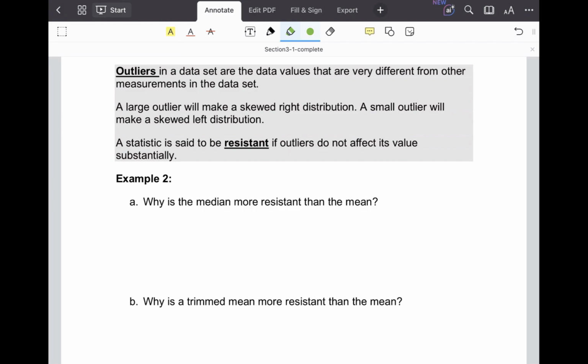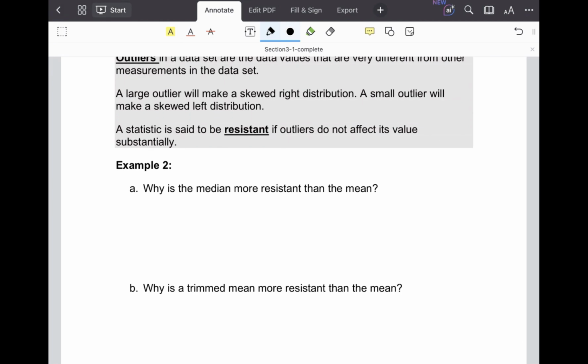To be even more specific, if you're looking for the center and you have a skewed right distribution, you would want to use the median instead of the mean. So that's this question here. It's an important thing to keep in mind.